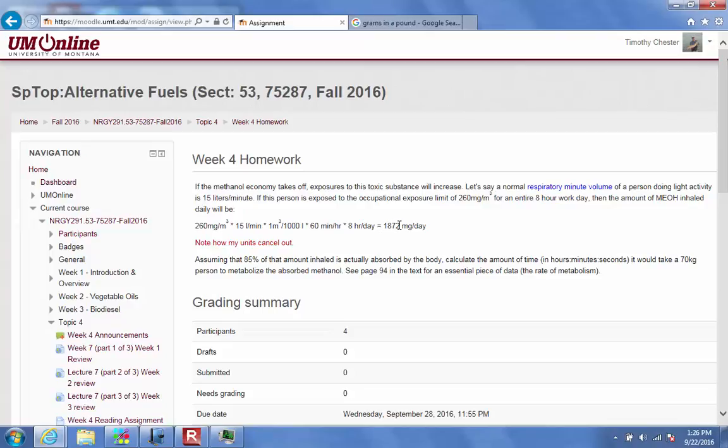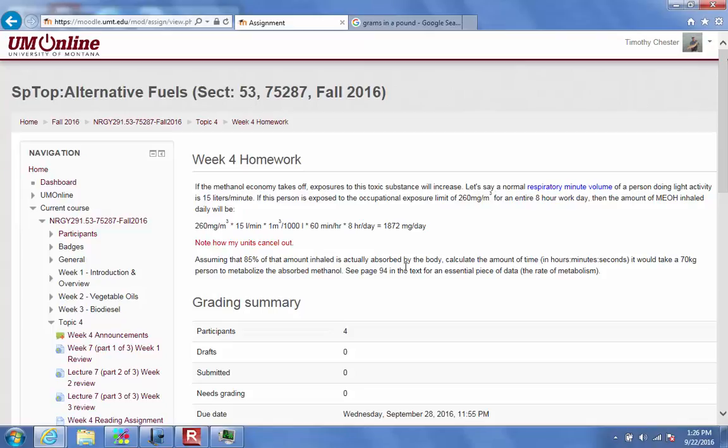So all those multiples all together, hours cancel out, our minutes cancel out, and we're left with milligrams per day. So that's our allowable, or that's what that person would be exposed to for working an 8-hour day in those conditions.